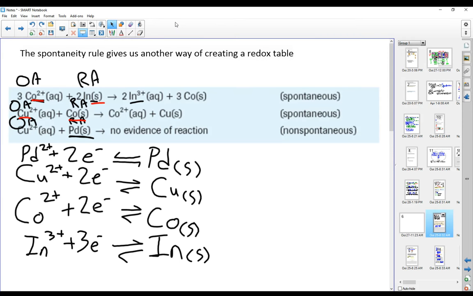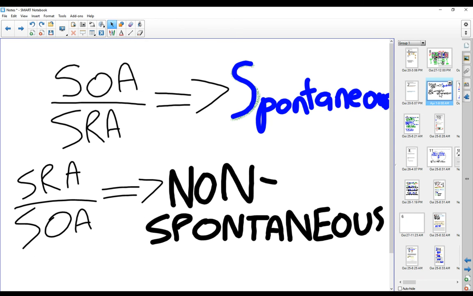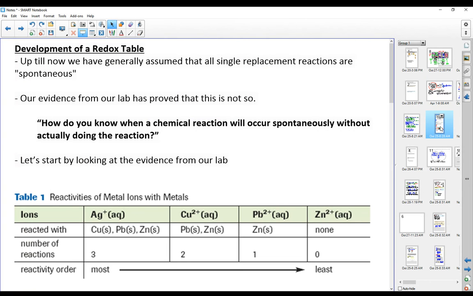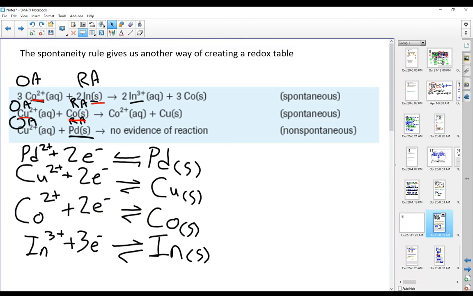We go back to our spontaneity rule, and our SOA has to be above our SRA in order to be spontaneous. So when we go back to this slide here, what we can say is that Cu2+ has to be above Co in order for it to be spontaneous, as pointed out here.